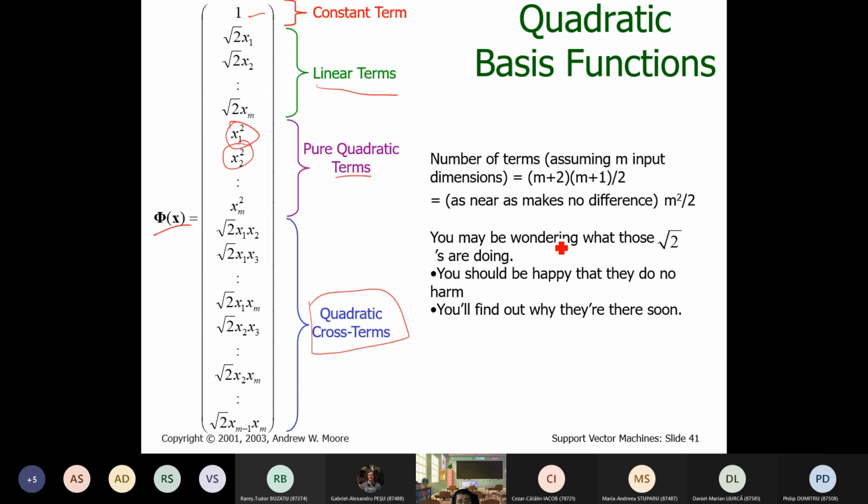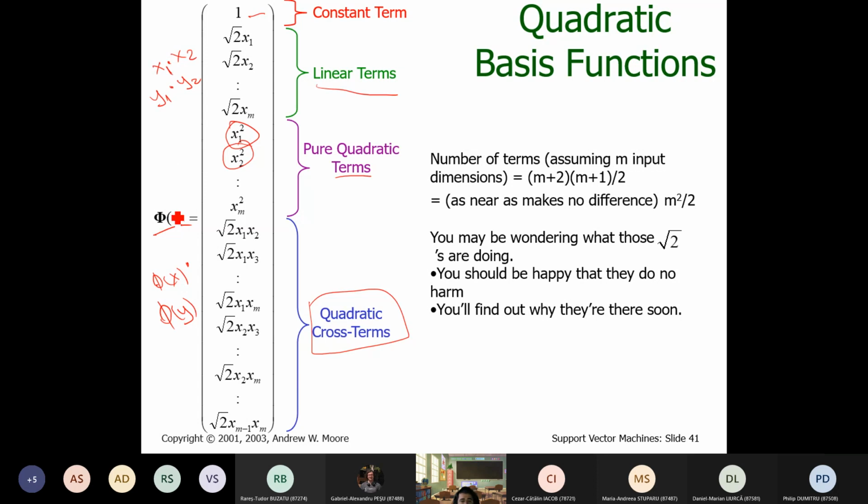Now, if we want to multiply two basis functions, so phi of x multiplied by phi of y, because you saw that in the dual definition, we had something like x1 multiplied by x2 multiplied by y1 multiplied by y2.